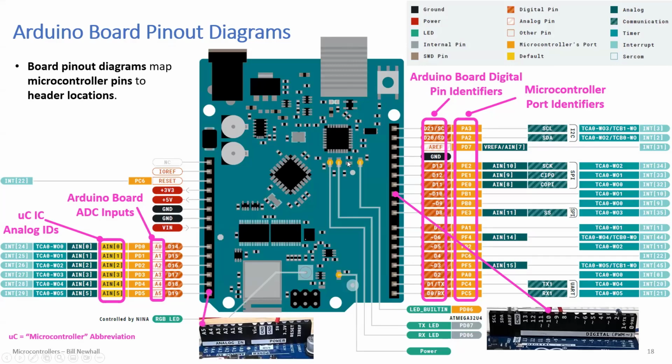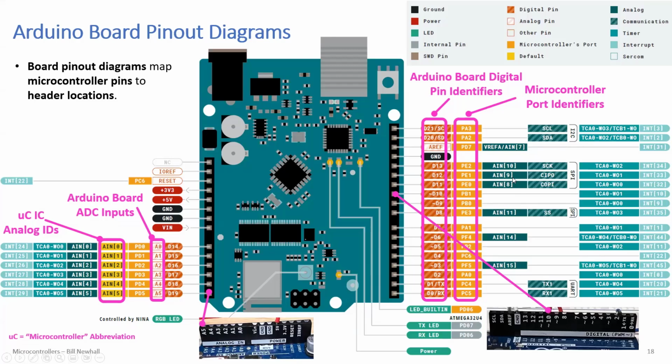There are other development boards for other microcontrollers and other Arduinos that have similar diagrams. You'll usually see the pinout of the board and the pinout of the microcontroller, and you can get access to the digital ports and the analog ports, analog inputs, and other peripherals of the microcontroller.